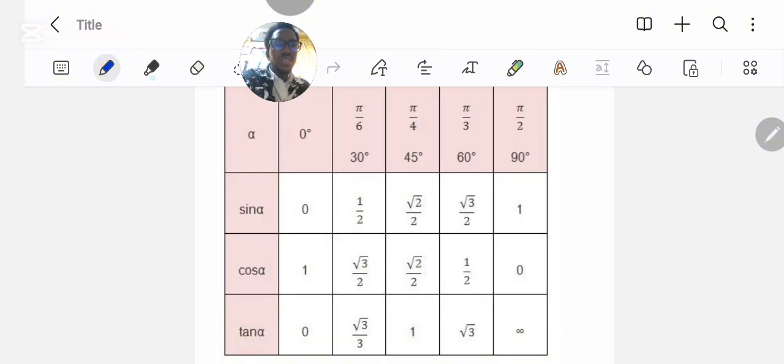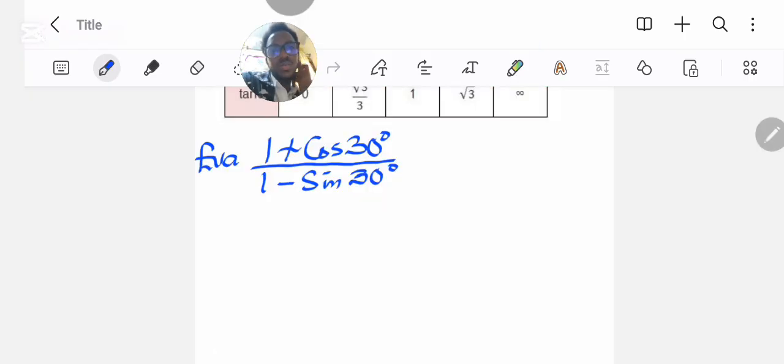So for instance, sine 0 degrees is 0, sine 30 is half, and so on. Let's say for instance we are given this kind of question. We've been asked to evaluate 1 plus cos 30 degrees divided by 1 minus sine 30 degrees.